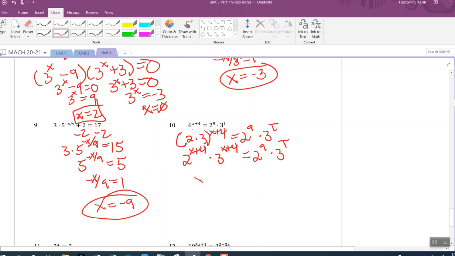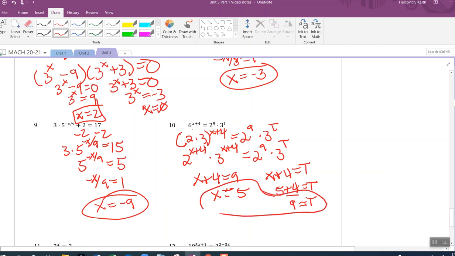So then that means x plus 4 has to equal 9, and x plus 4 has to equal t. So x equals 5, and then 5 plus 4 equals t. So that means 9 equals t. So those are the two answers.